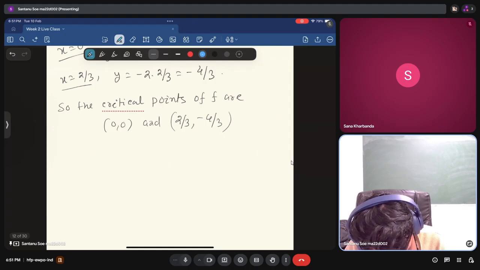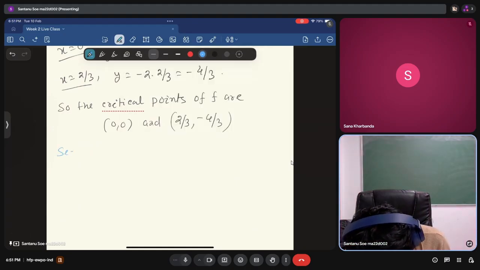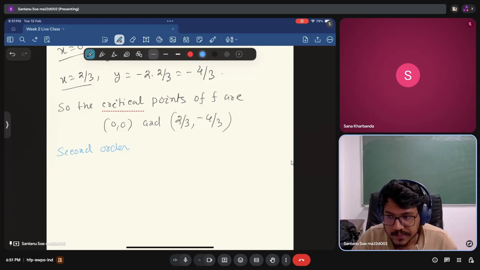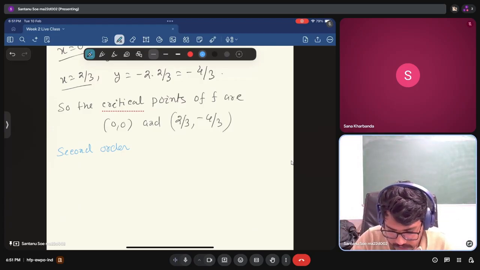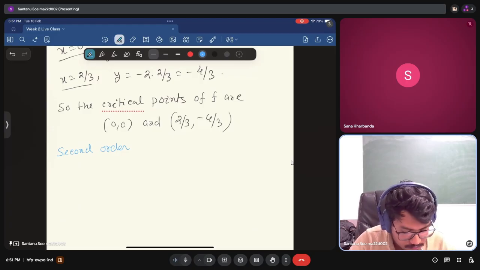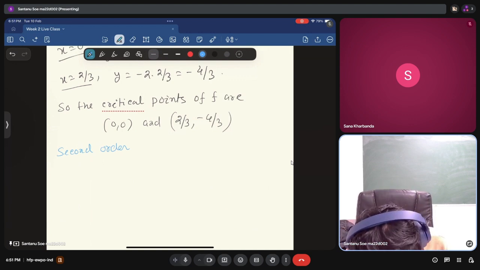Now, before that, we have to know what is the second order derivative test. So first, I'm going to write the formula to find out which point is a maxima, or which point is a point of minima, or which point is a saddle point, and then we'll solve this question. So this is called second order derivative test.